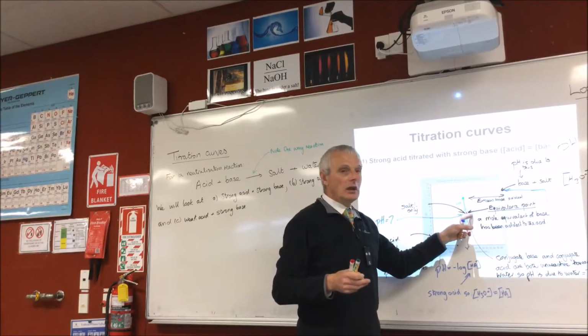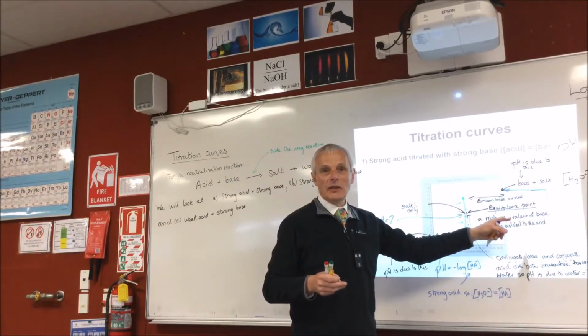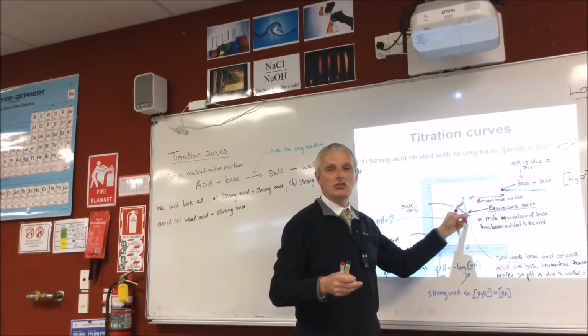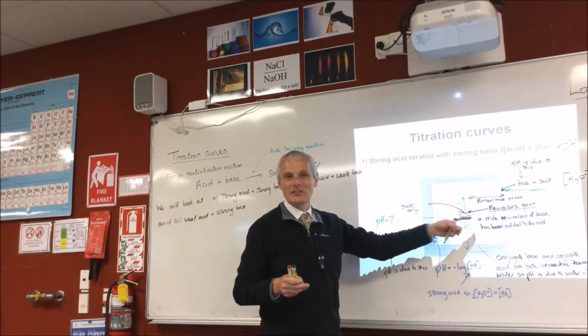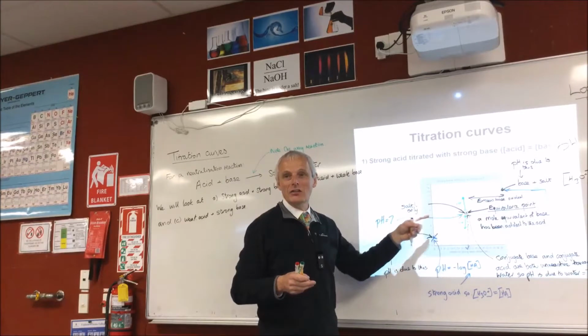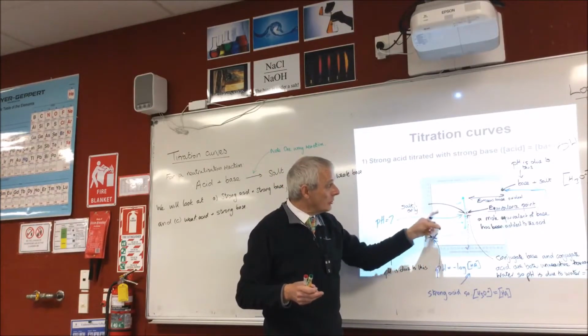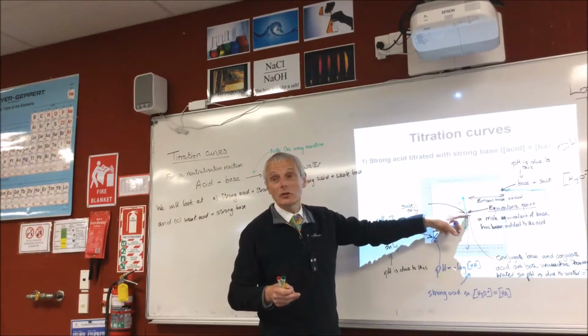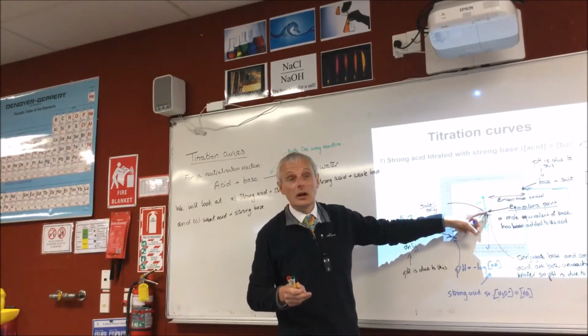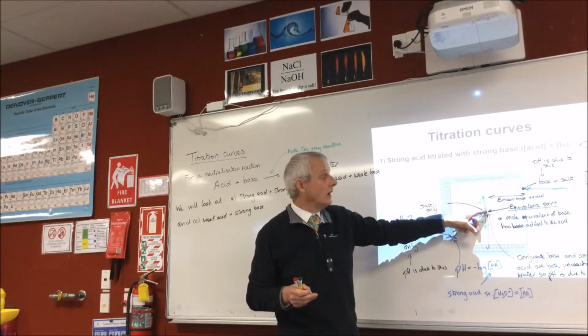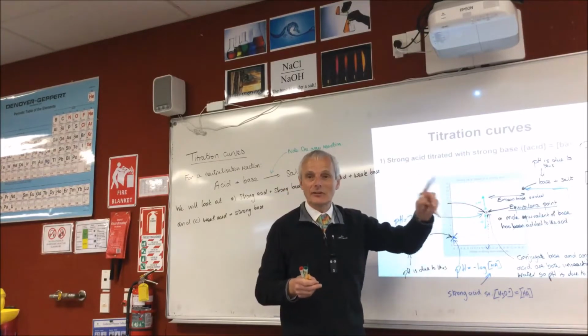What we're doing is we're adding base beyond that, strong base. So the pH is due to that strong base, but we get a dilution effect caused by the water that we have in the solution that we've mixed up to the point where we've got equivalence. Does that make sense? So we get to equivalence and we've got a volume of water in there, and then we're just adding base into it.